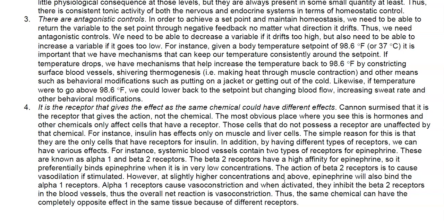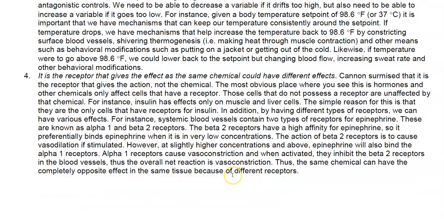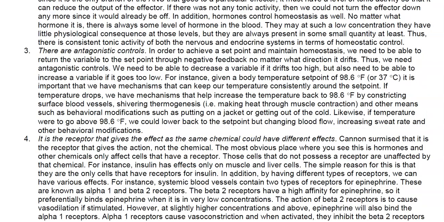The same exact chemical, norepinephrine, also can bind to a beta-2 receptor. A beta-2 receptor, when it binds norepinephrine, actually causes smooth muscle relaxation or vasodilation. And so, even though we have the exact same chemical, in one part of the body it causes constriction, and in the other part of the body it causes dilation. So that's how these different postulates for homeostasis work.